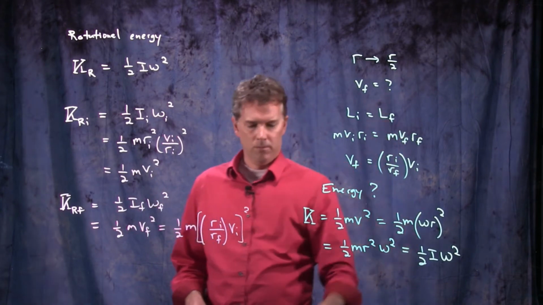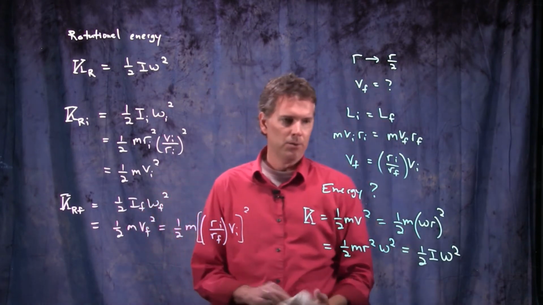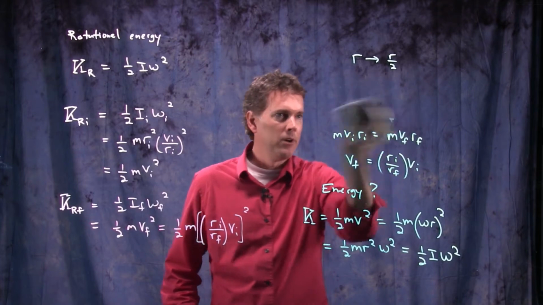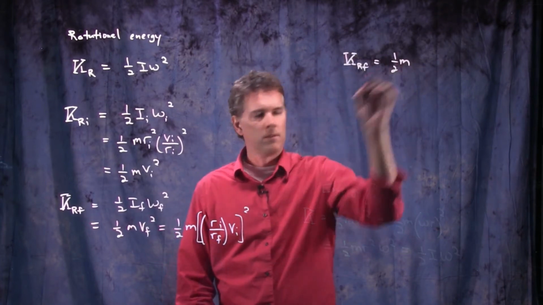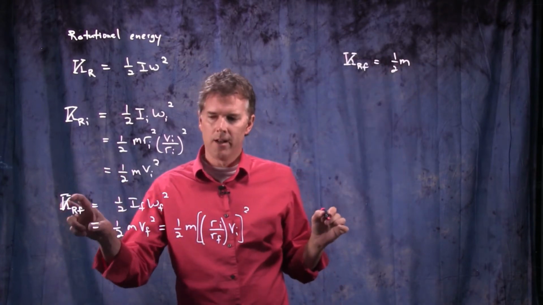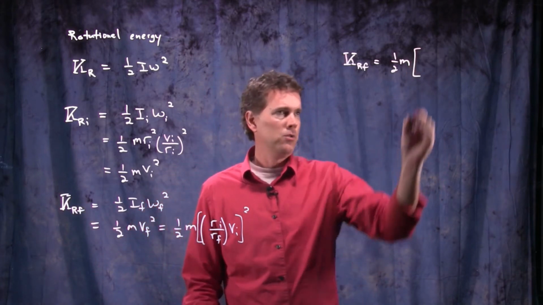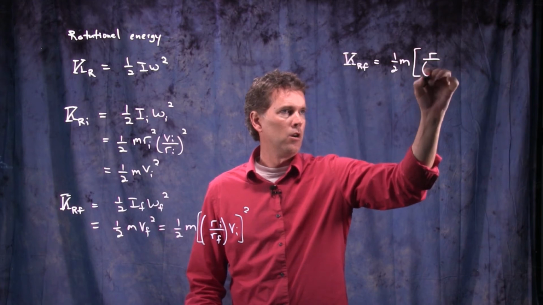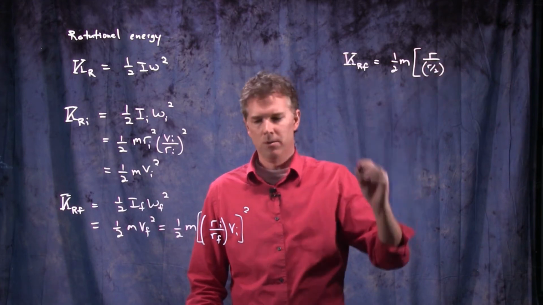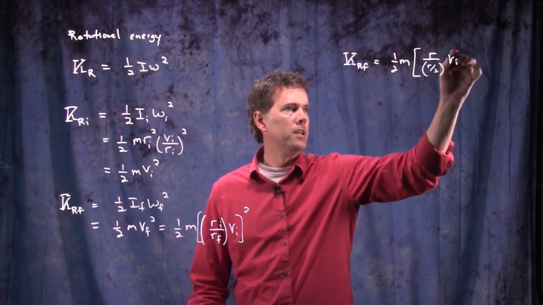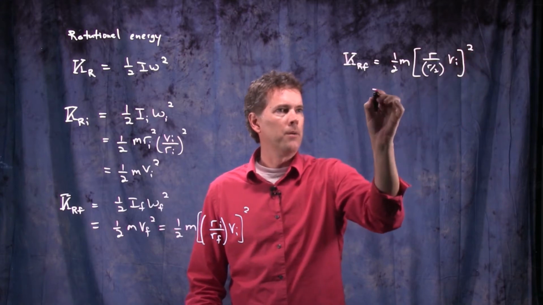So in our example, where r went to r over 2, let's see what we get for energy. Rotational final energy is 1/2 m times r initial over r final, which is r over r by 2, multiplied by v initial, and that whole thing is squared.